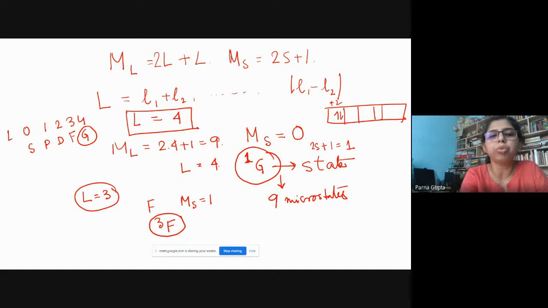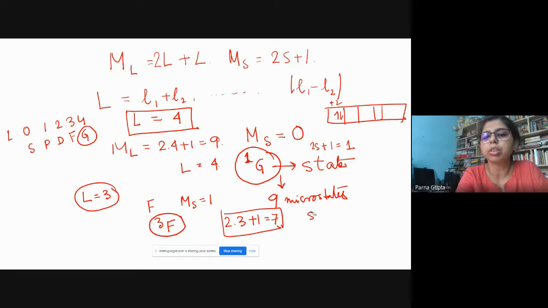Now if you have 3F, 2L plus 1 is 2 into 3 plus 1, so it is 7, and then you have S is equal to 1, so 2S plus 1 is equal to 3.